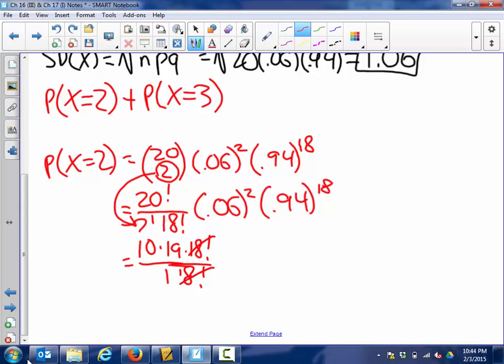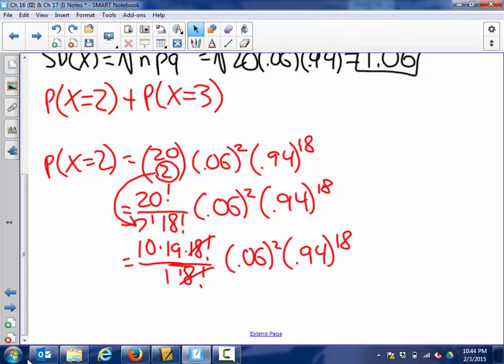Divide that into the 20, and you've got 10 times 19 up top. Nothing is left on the bottom except for the obligatory 1. And then this 0.06 squared times 0.94 to the 18th.